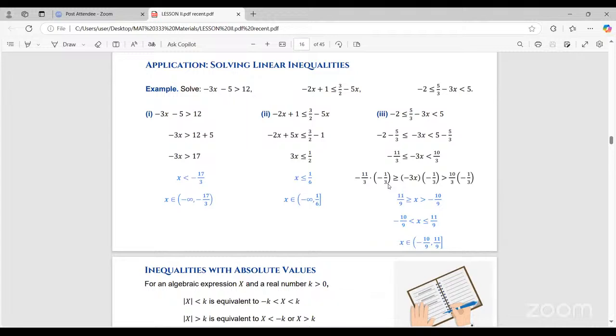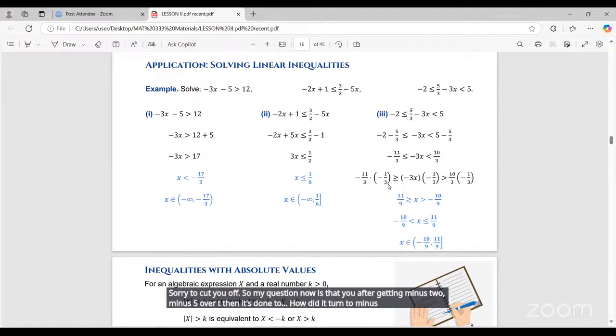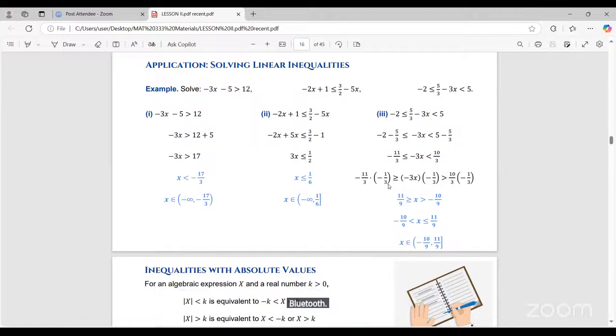My question is that after getting -2 less than or equal to 5/3 minus 3x, which is less than 5, how did it turn to -11/3? Look at the solving. We have -2 less than 5/3.